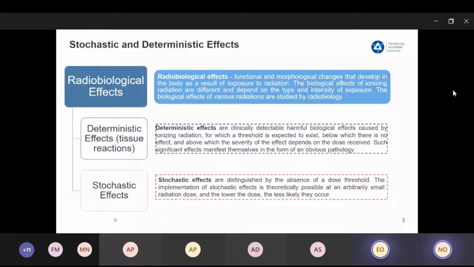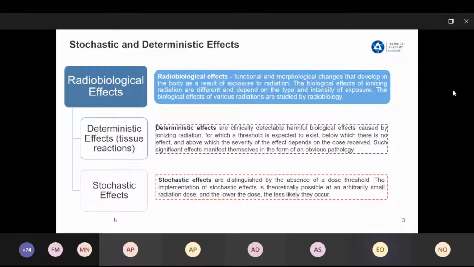Target effects consist of two groups: deterministic and stochastic. According to the new terminology of the ICRP, instead of the term deterministic effects, the name tissue reactions is used. Radiobiological effects and consequences of irradiation are divided into somatic, manifested in the exposed person himself, and those manifested in his descendants.